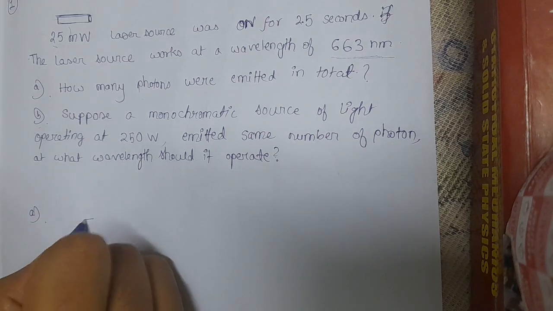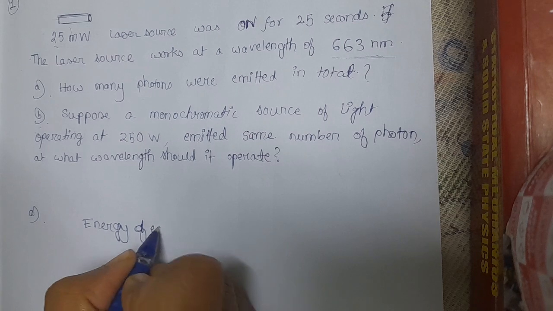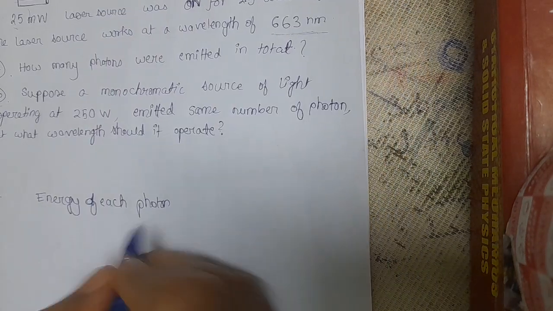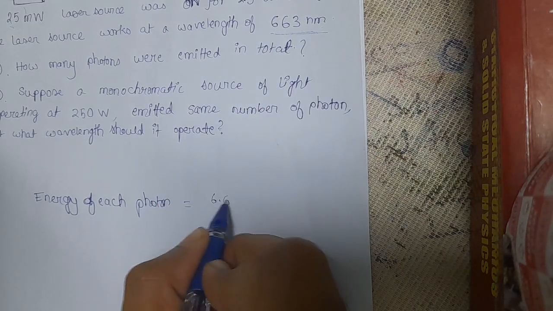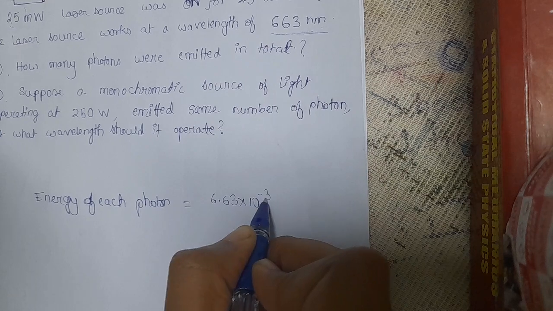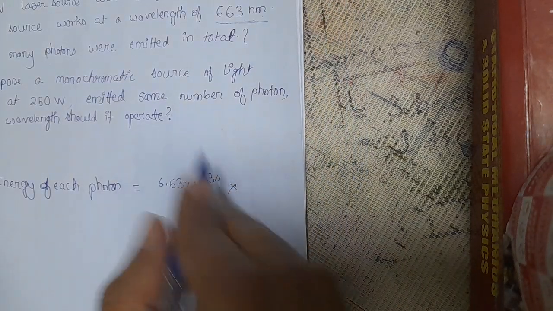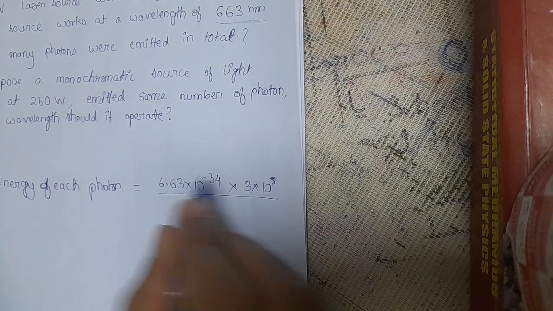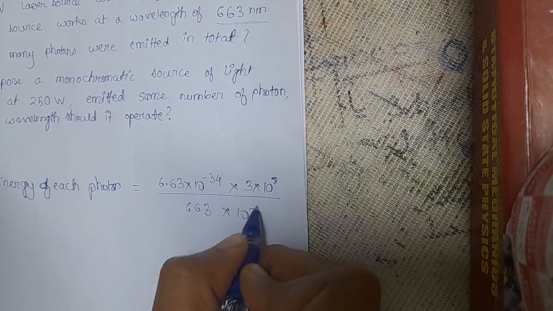The energy of each photon is 6.63 into 10 to the power minus 34 times the speed of light, 3 into 10 to the power 8, divided by 663 into 10 to the power minus 9.